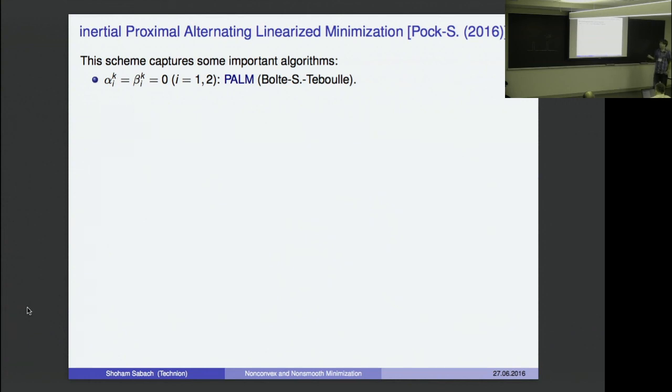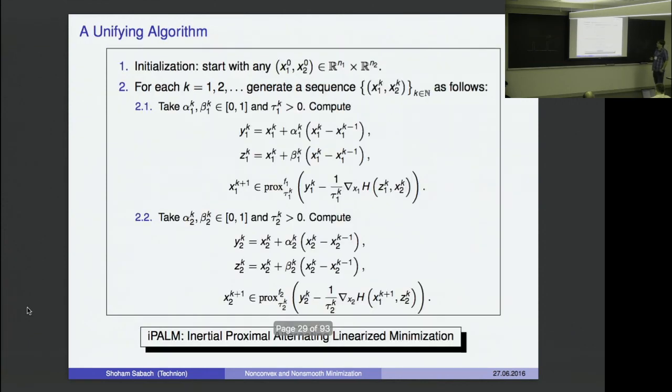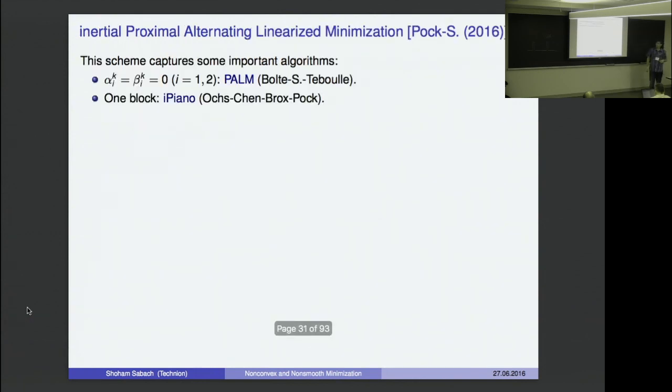Another algorithm that can be seen as a particular case: if you restrict yourself to only one block of variables, then what you get is the iPiano that Joachim talked about this morning. It is an algorithm of several authors, including Thomas Pock. Therefore, you see the connections between our algorithm and these.